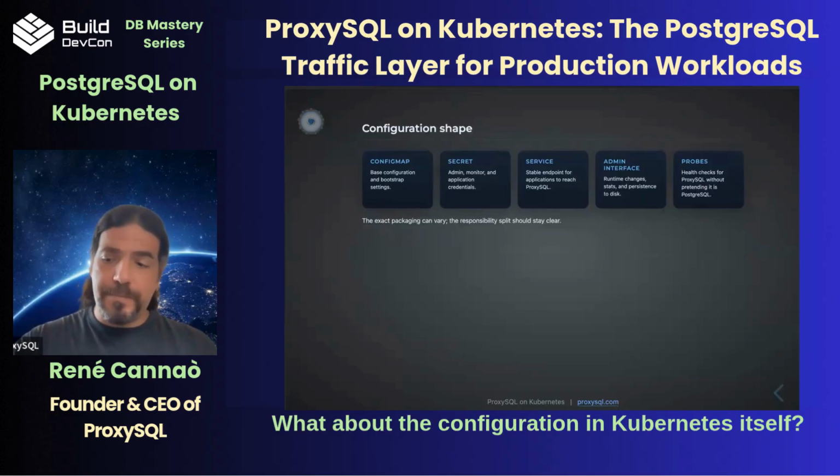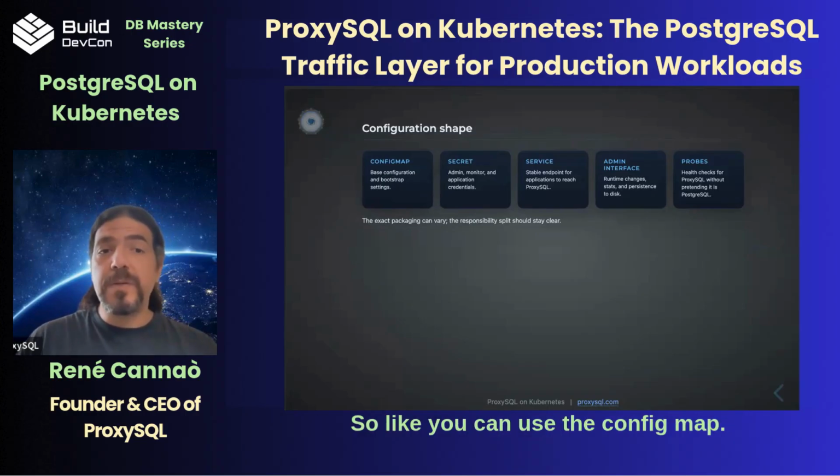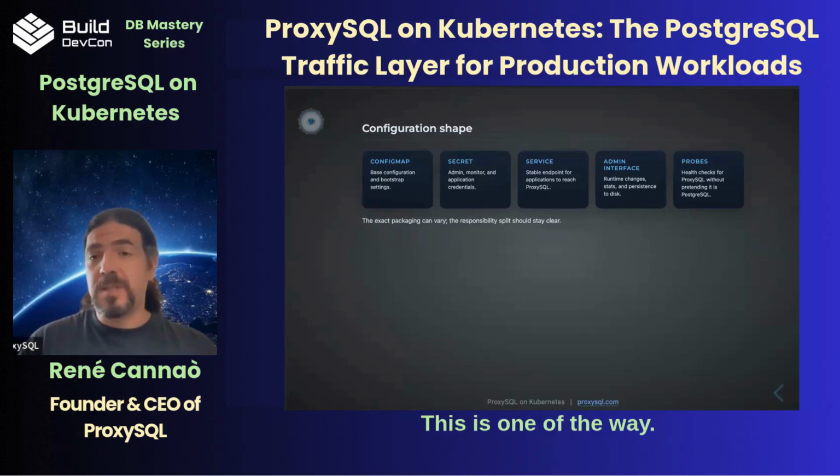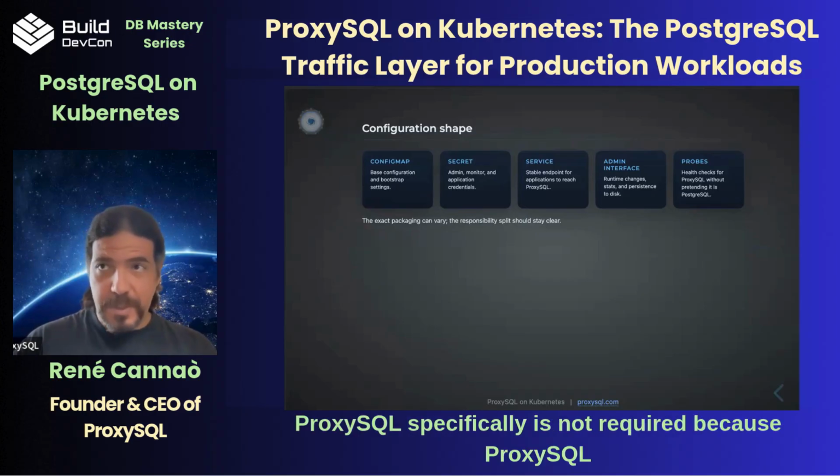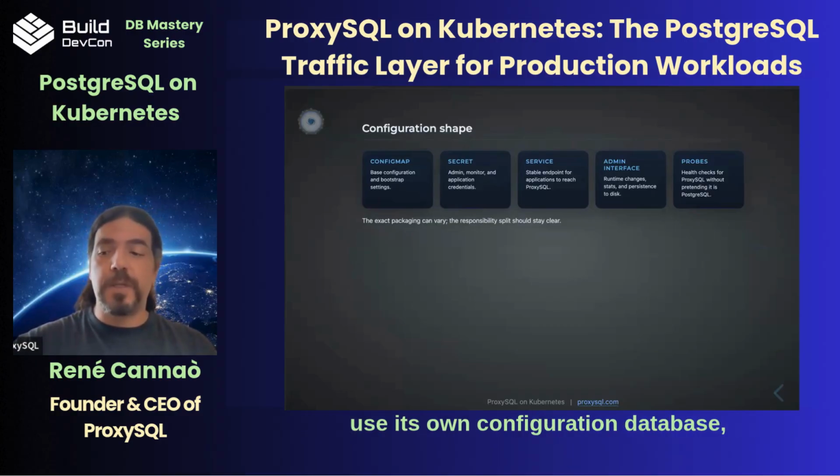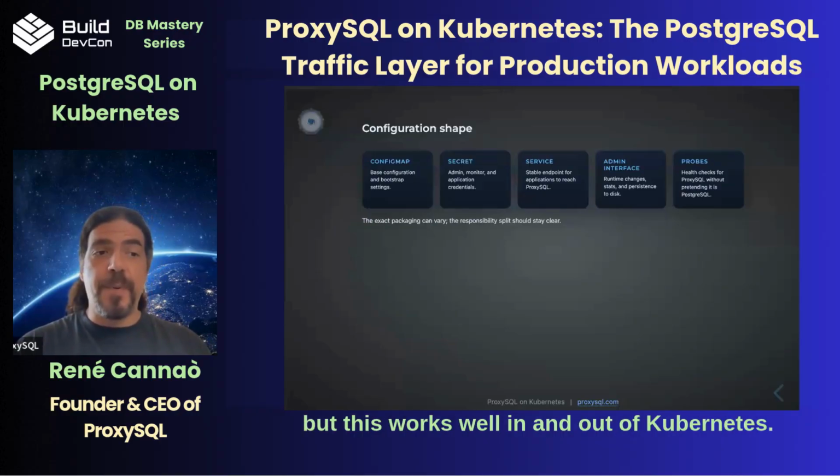What about the configuration in Kubernetes itself? You can use the config map. This is one of the ways. In ProxySQL specifically it is not required because ProxySQL uses its own configuration database, but this works well in and out of Kubernetes.